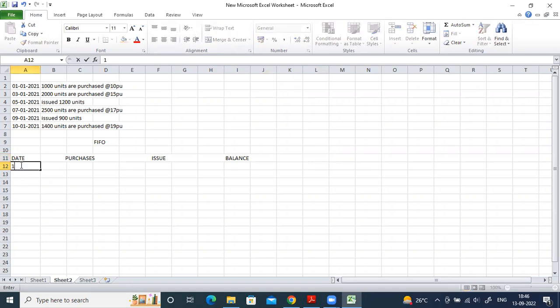Now see this. What is the transaction on 1st January? Is it purchases or issue? Purchases. So units, rate, amount.